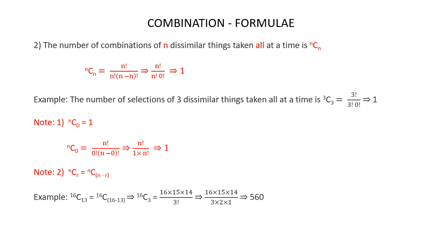So now we have n factorial and 0 factorial is 1. So now we have n factorial divided by 1 multiplied by n factorial. The n factorial in the numerator and the n factorial in the denominator get cancelled out and finally we are left with the answer as 1. So NC0 is equal to 1.